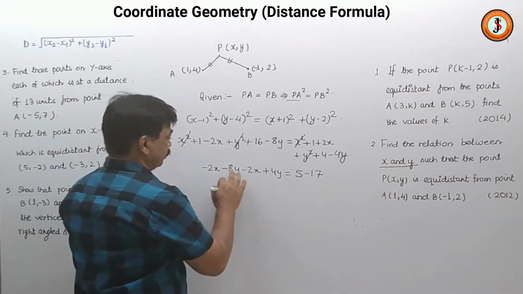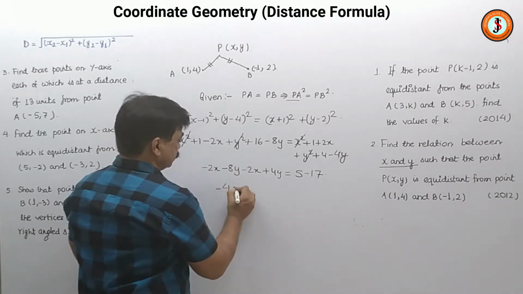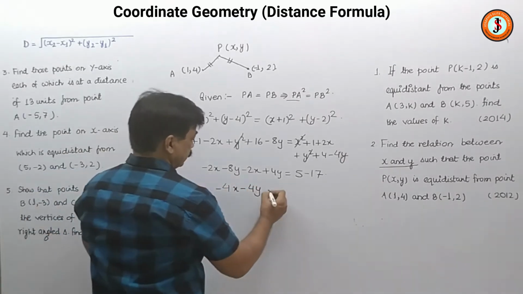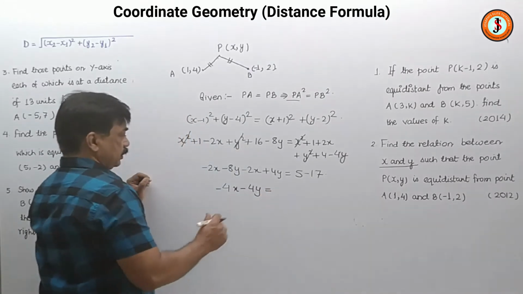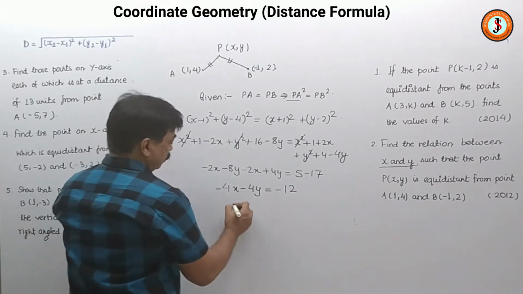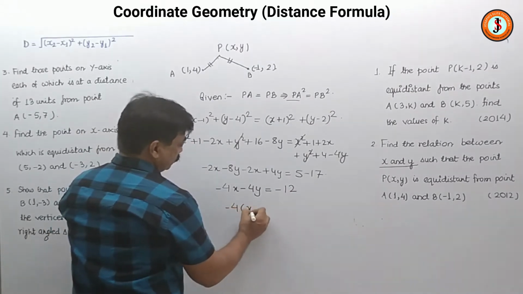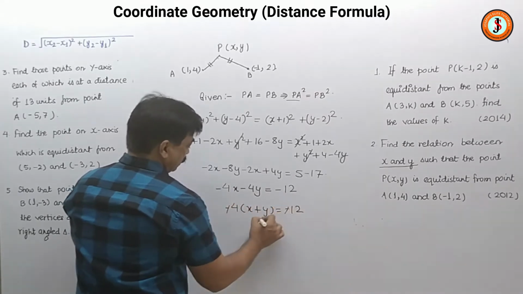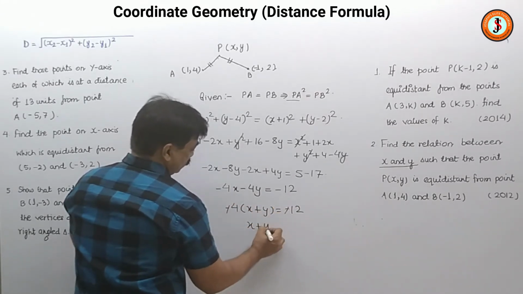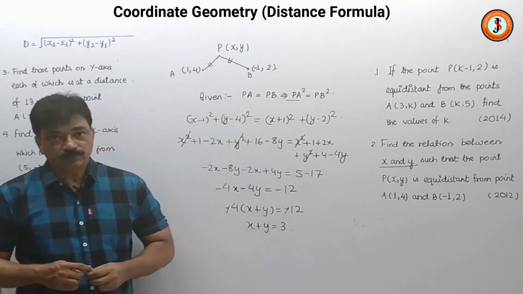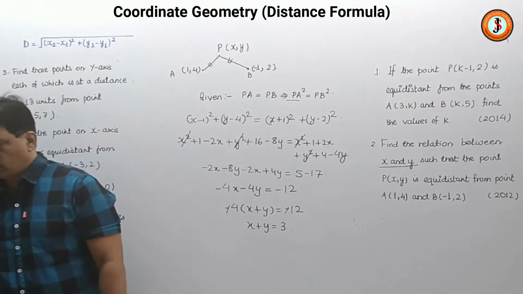So now what we have: minus 4x minus 4y is equal to minus 12. I take minus 4 common, so x plus y is equal to minus 12 over minus 4. So these are cancelled, so x plus y is equal to 3. So thank you.